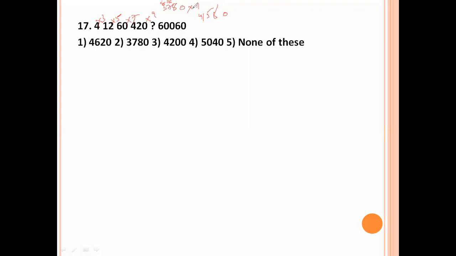But here that value is not there. So suppose here we multiply with 11: 11 twos are 22, 11 fours are 44, 46, 4620.